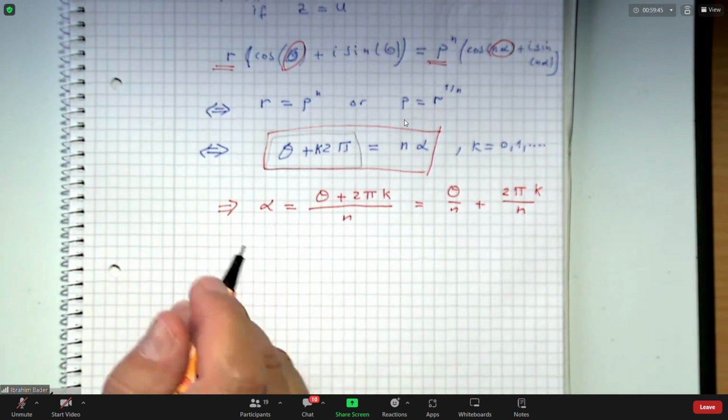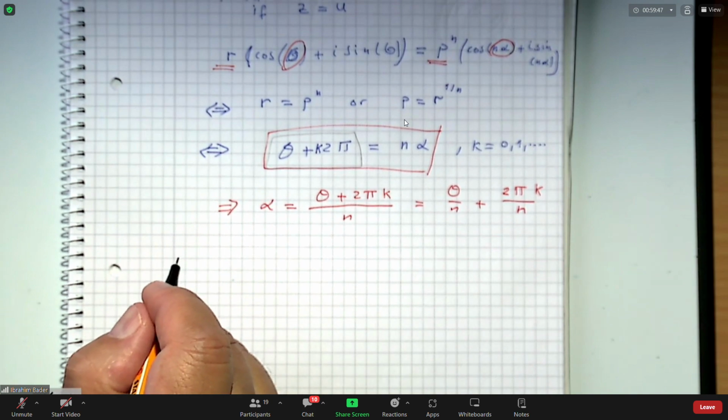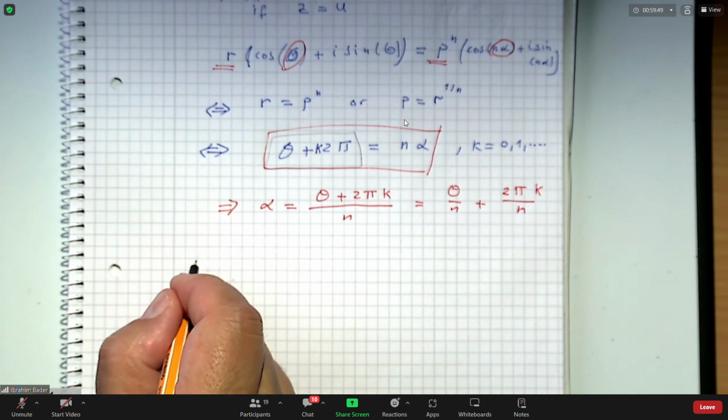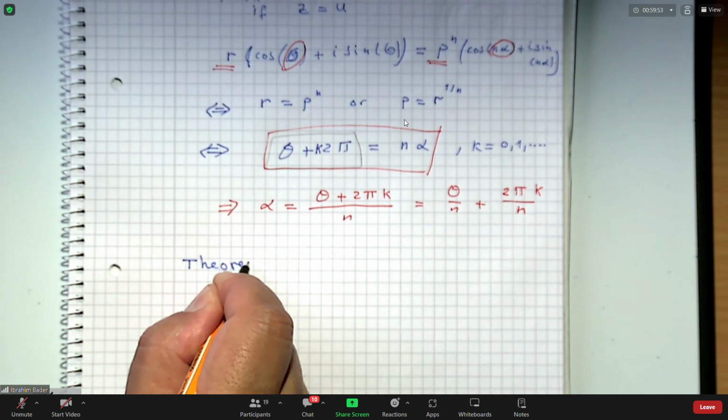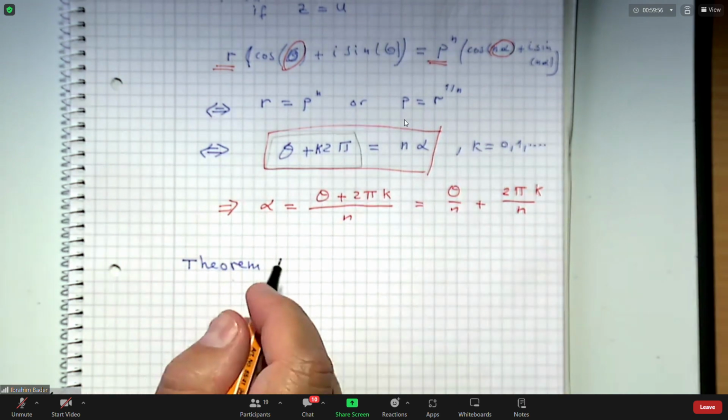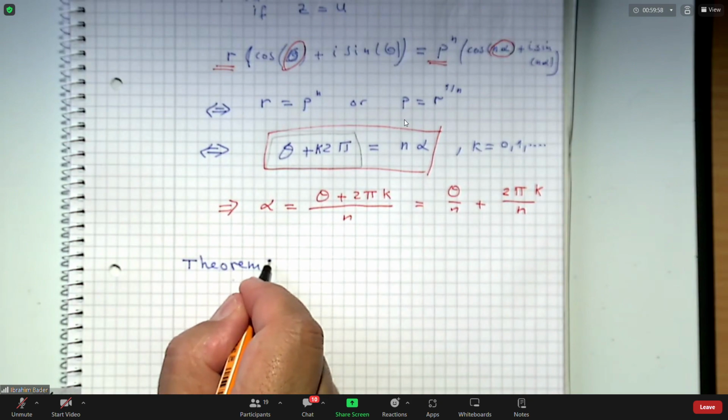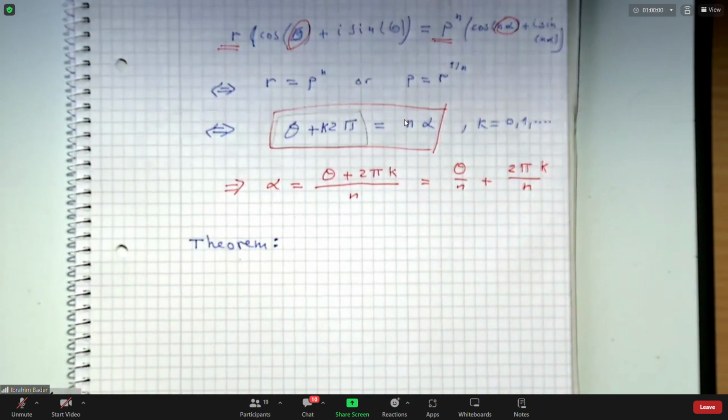Now where to stop is actually given by this very famous theorem, which is, if you like, a version of what's called the fundamental theorem of algebra.